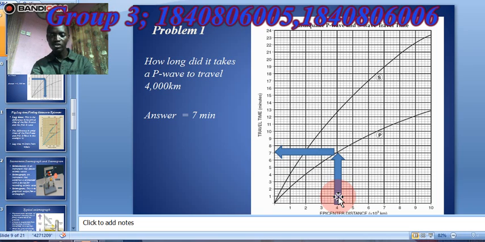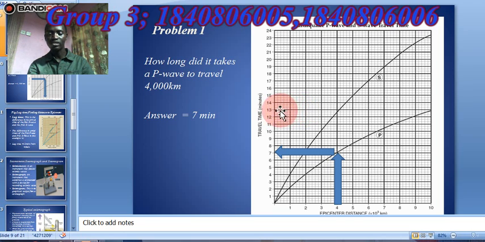For the same distance, an S wave, which we consider a wave that travels with medium speed, less than a P wave but greater than all the surface waves, has to travel additionally, getting to 6 minutes more.